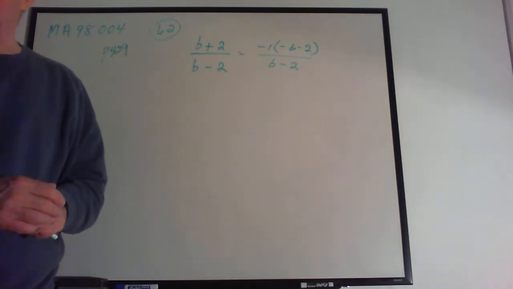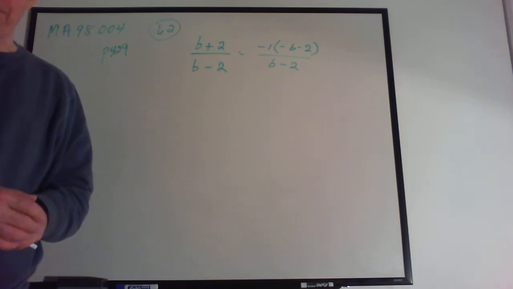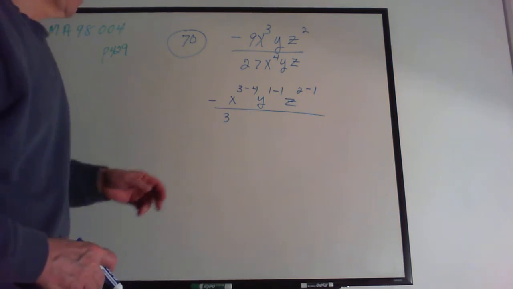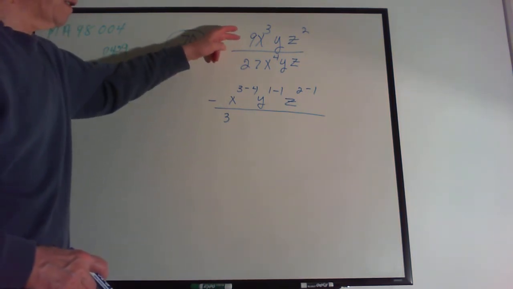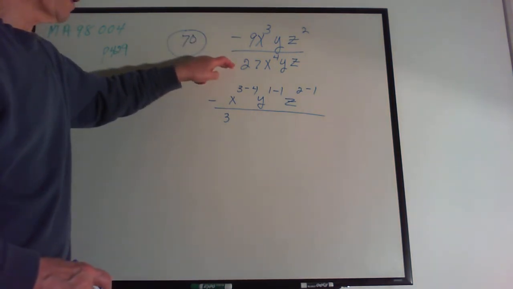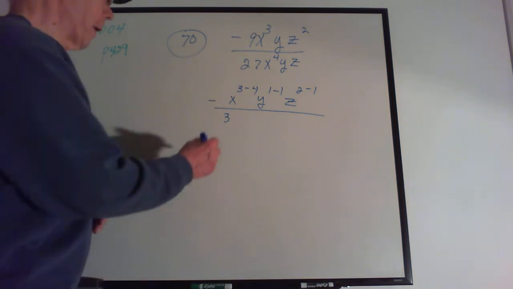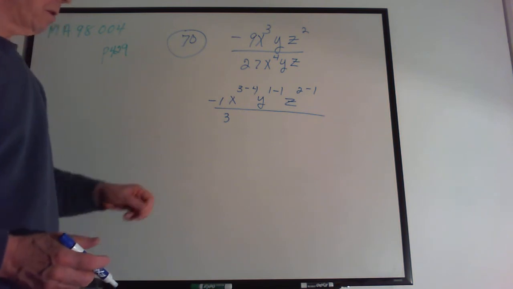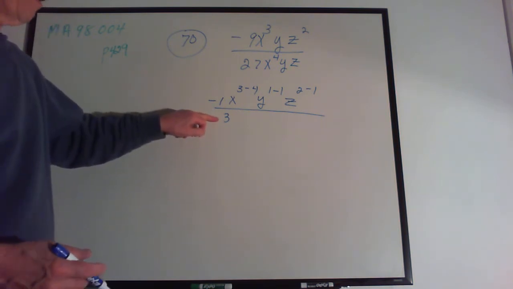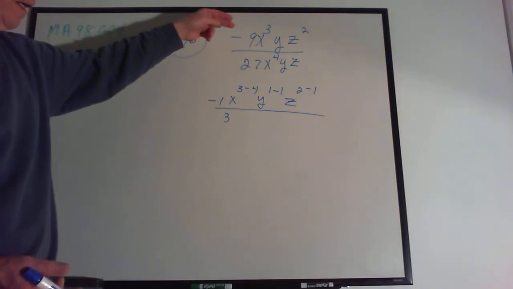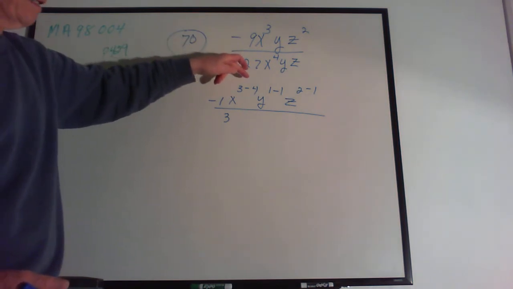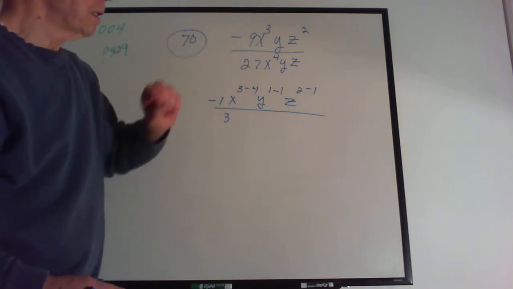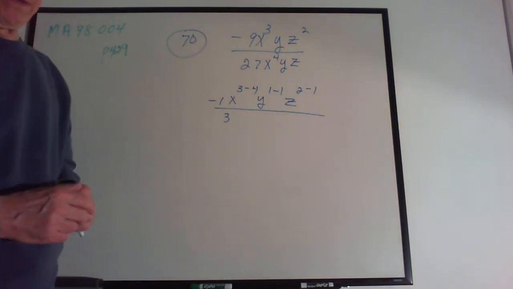All right, take a look at problem number 70. Pause the video. All right, with this one, I can divide the 9 and the 27. So I'm going to get negative 1. I can put the 1 there, but it is understood to be there. And the 3 here. Now, when you divide, you are going to subtract your exponents. So it's 3 minus 4, 1 minus 1, and 2 minus 1.